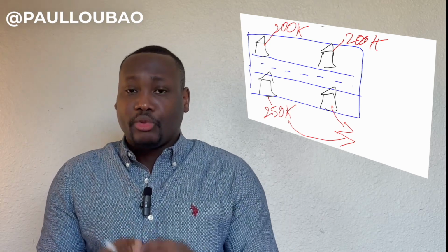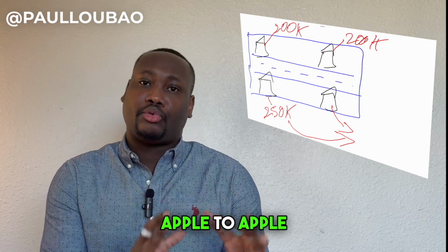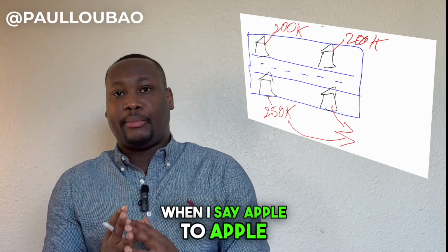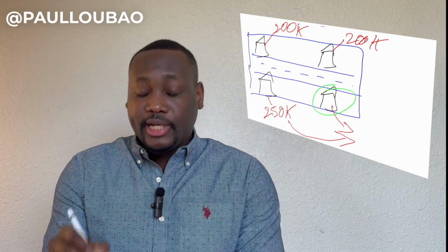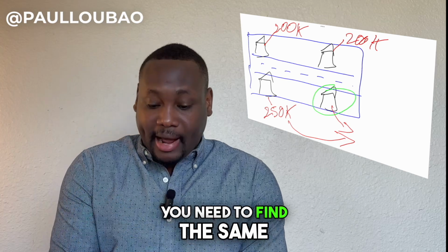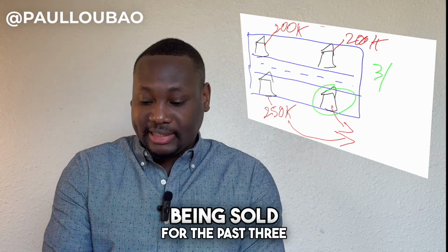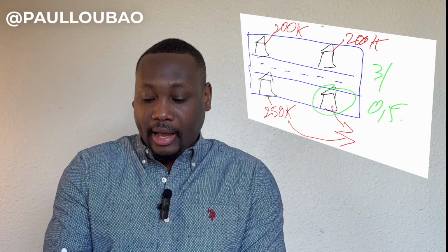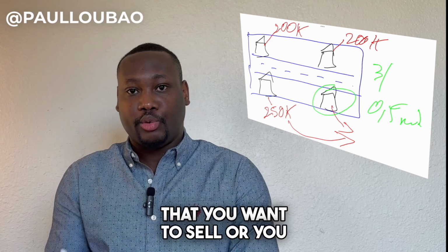Now, in order for this method to work, you need to be apple to apple, right? When I say apple to apple, meaning that, let's say you want to sell this house, you need to find the same house, with the same criteria, sold in the past 3 months and half a mile away from the house that you want to sell or you want to value.